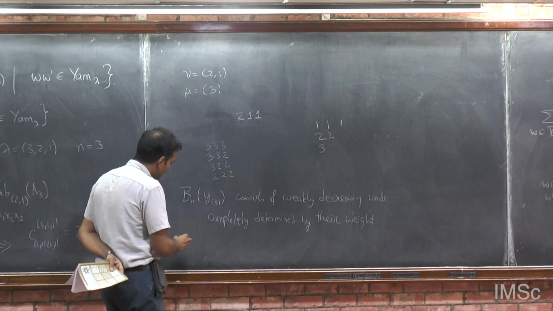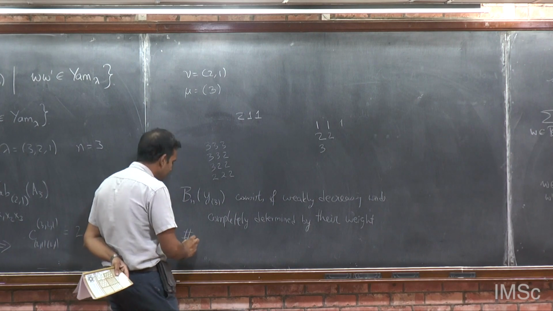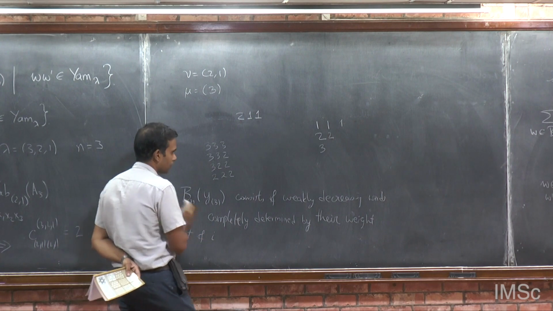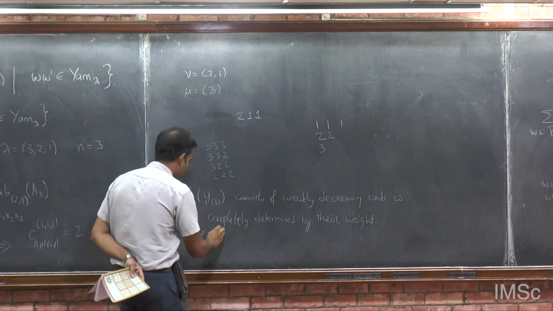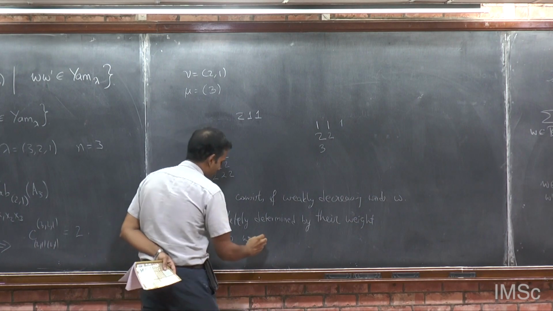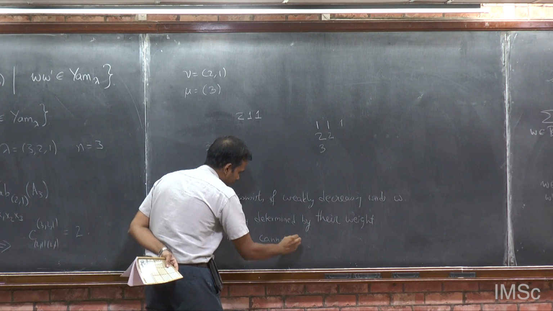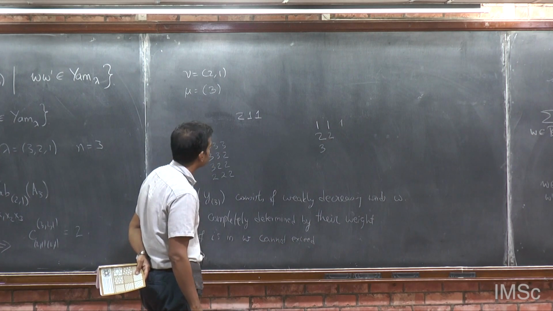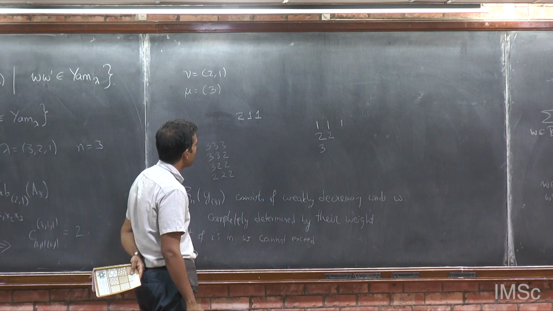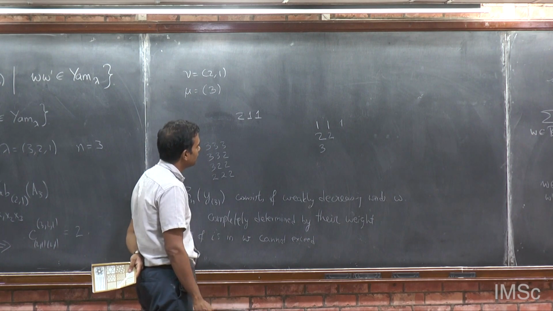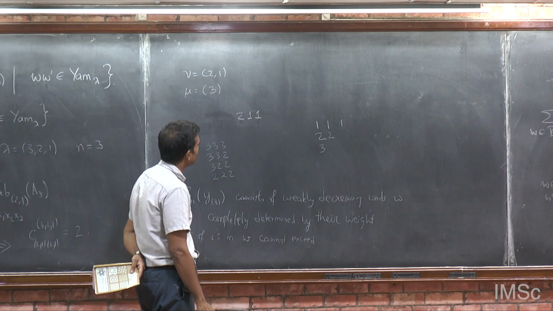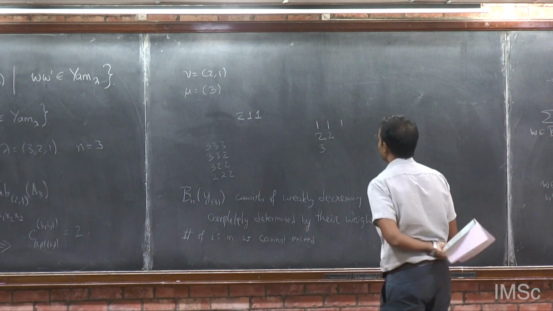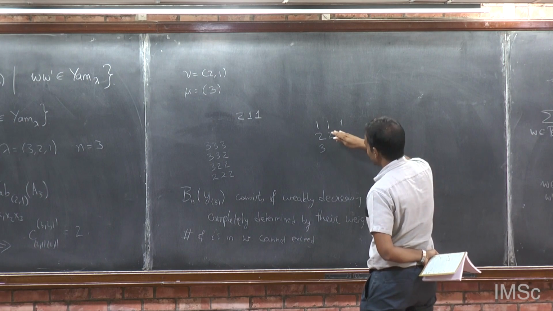And so the number of i's that are allowed, the number of i's in W cannot exceed... there is no restriction on the number of ones, but if I start with... so let me put it this way. I want to know what is the difference.